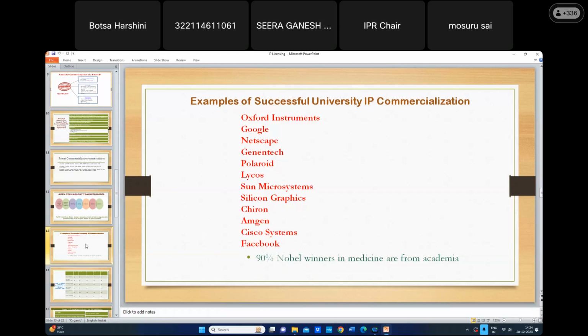Their graduate and undergraduate students and faculty came out with new ideas and subsequently became spin-outs and startups. Today, they're all big multinationals, but all these companies have come from academic settings, an academic background.